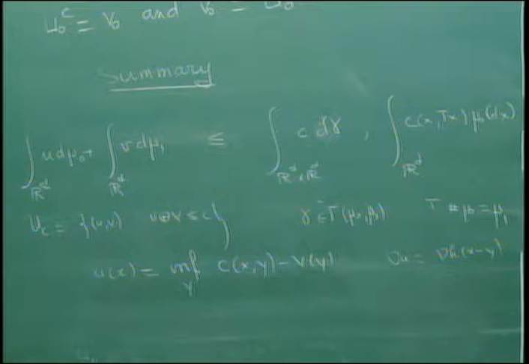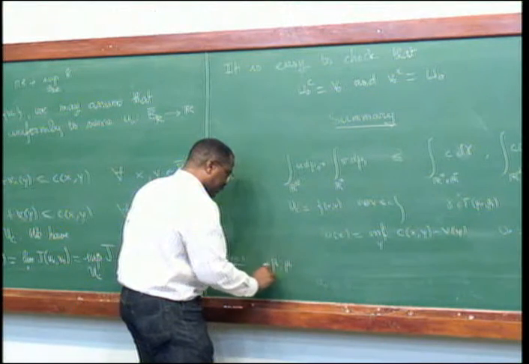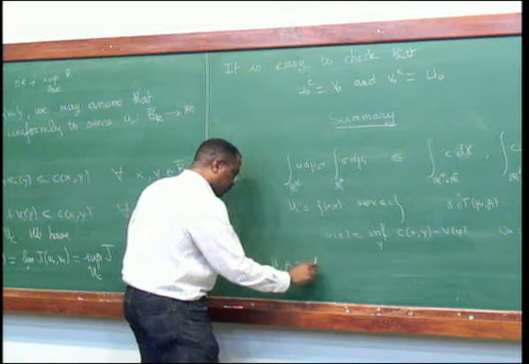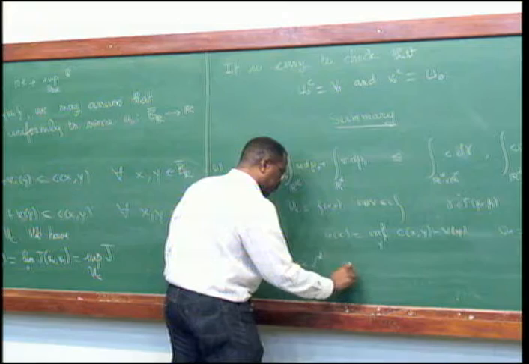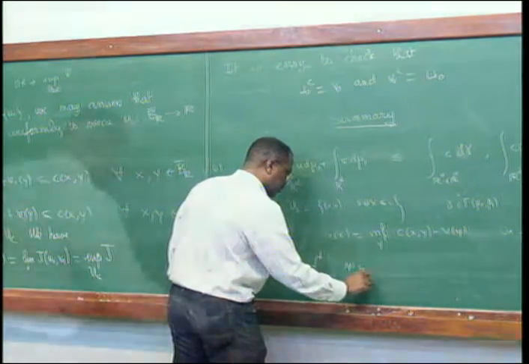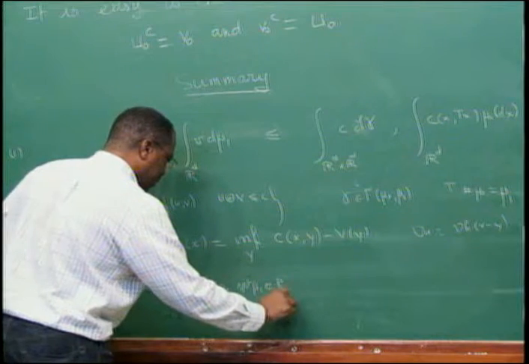So step 1: we have looked at the case where mu naught and mu 1 are absolutely continuous with respect to Lebesgue measure, and the support of mu naught and the support of mu 1 are compact.